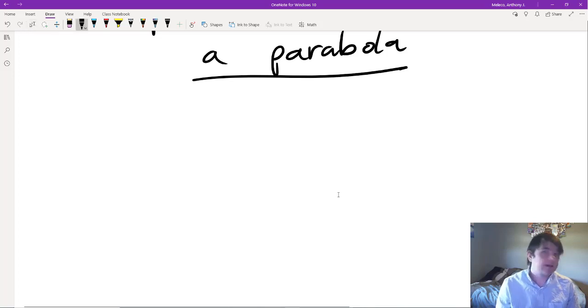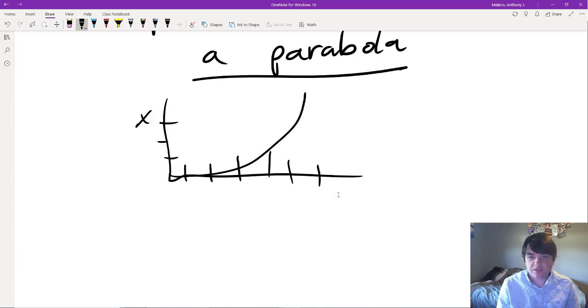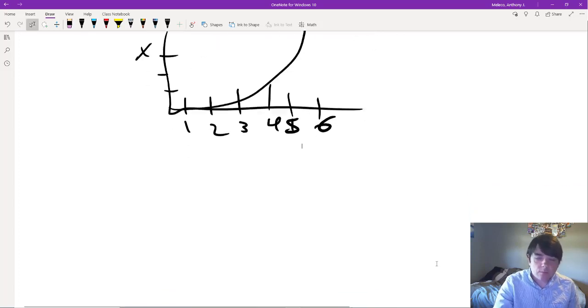For every passing second, we change our position more and more. So if we're plotting position right here, our position is changing more and more. So here's a 1 second interval: 1, 2, 3, 4, 5, 6. Between 5 and 6, we're changing our position a lot, versus 4 and 5, we're changing less, 3 and 4 less. So that's what a parabola means.